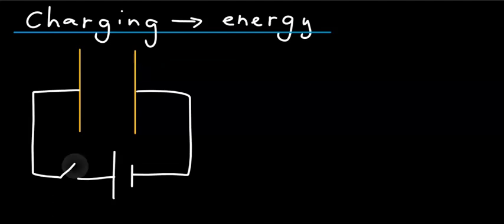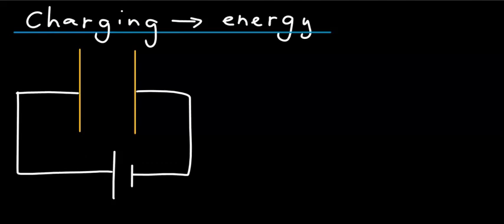Next, let's close this switch. Once the switch is closed, the charging process will begin. Now, this is the positive terminal of the battery, and this is the negative terminal of the battery. So the left-hand side plate of the capacitor will be charged with positive charges, and the right-hand side plate will be charged with negative charges.